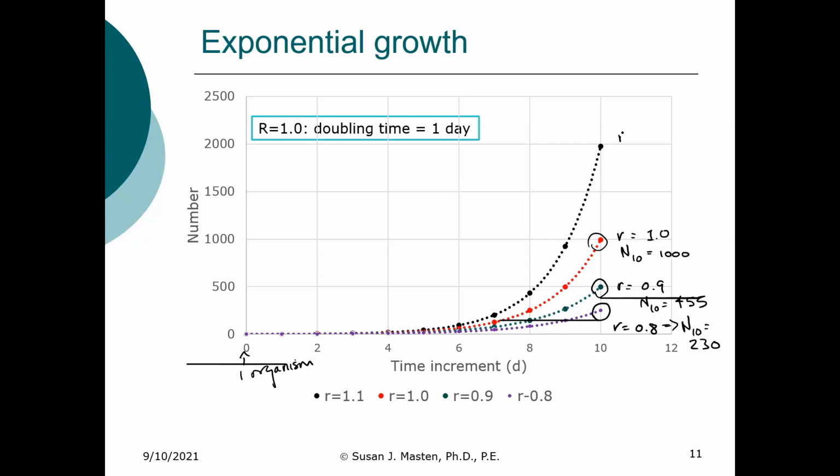And if R is equal to 1.1, after 10 days, we have 1,772 organisms. This R is similar to what we talk about as the R effective with COVID-19. It's slightly different, but it's the same sort of modeling.